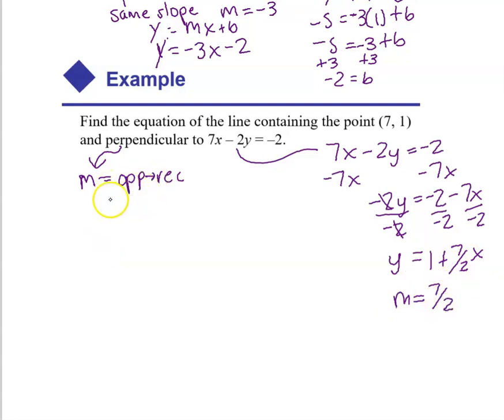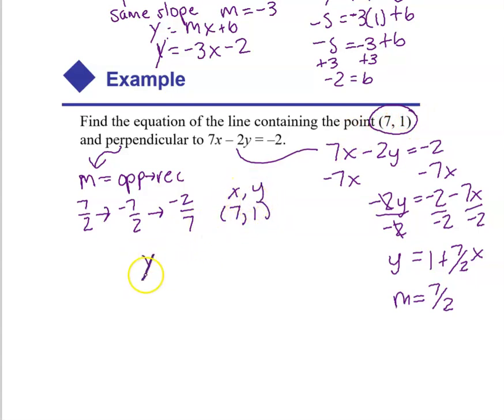So if we take 7 over 2, what's the opposite? Negative 7 over 2. The reciprocal would be negative 2/7. So taking that fact and using this point, 7, 1, this would be my x and y. I could go y equals mx plus b.